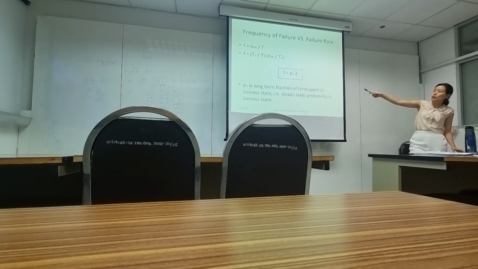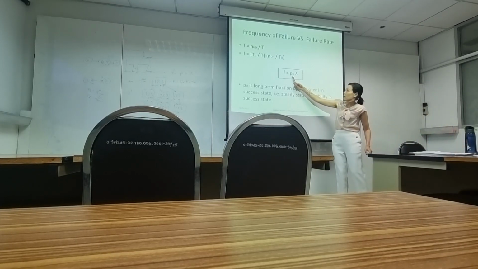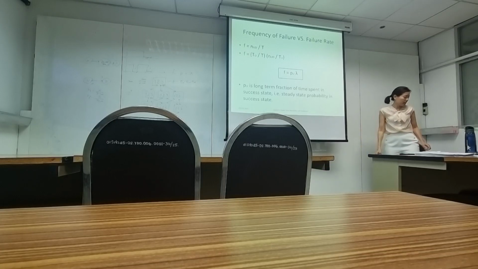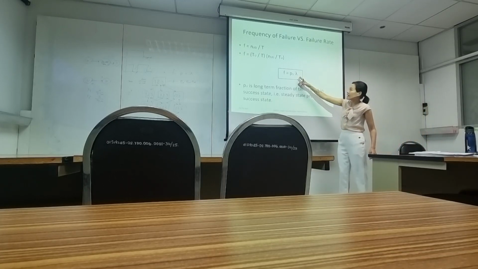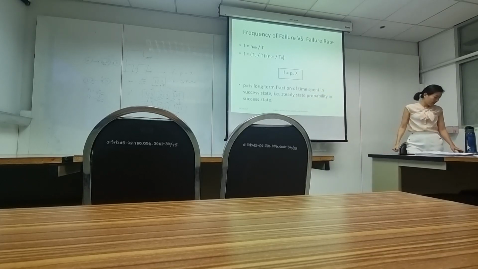PU is the long-term fraction of time spent in the success state, the steady state probability in the success state, and this is the failure rate. That gives us the frequency of failure.